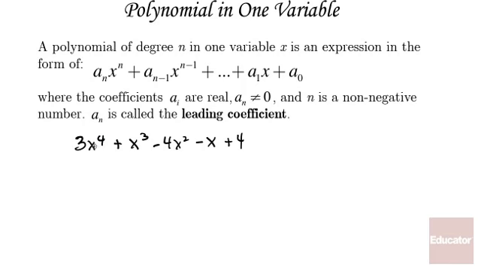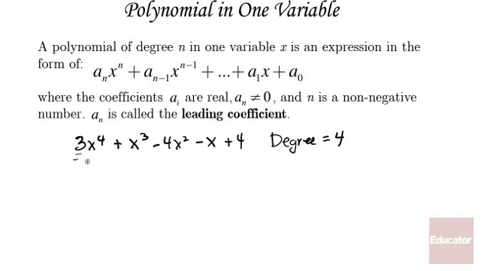So right here, the highest power I have is 4. So therefore, the degree equals 4. And the leading coefficient is the coefficient for the variable that is raised to the highest power.